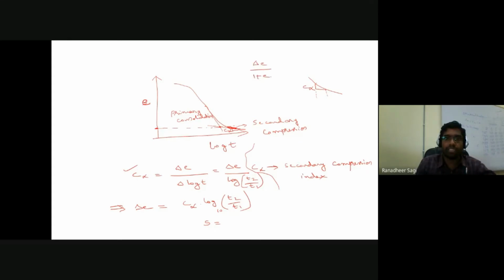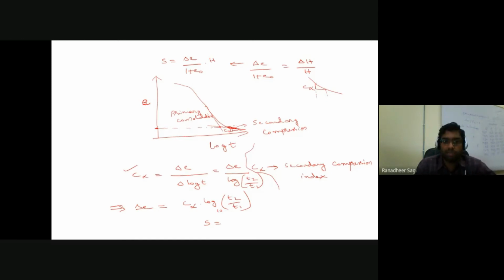Delta e by 1 plus e naught is equal to delta H by H. Earlier, just a few minutes before, we have also talked about this. So delta H is nothing but the settlement in the soil due to the secondary compression I am looking at, which is equal to delta e by 1 plus e naught into H. And delta e is what I am writing as C alpha into log t2 by t1 to the base 10.